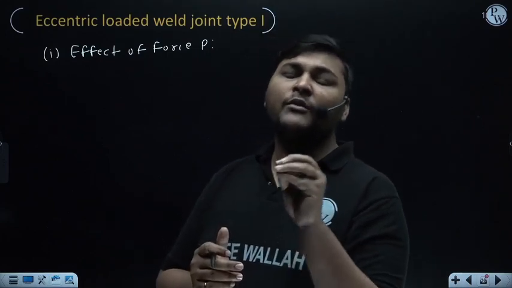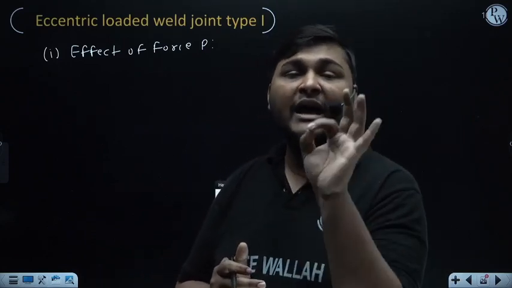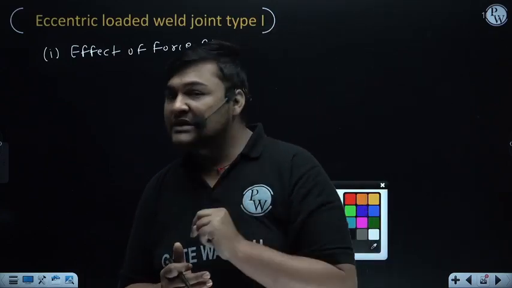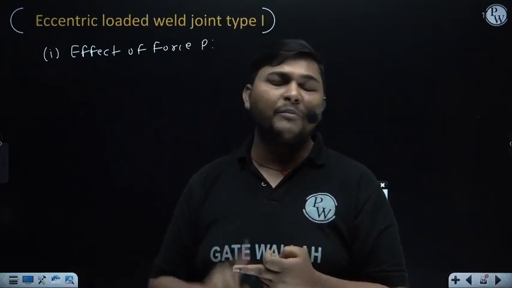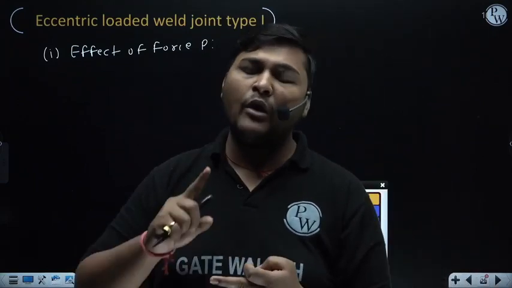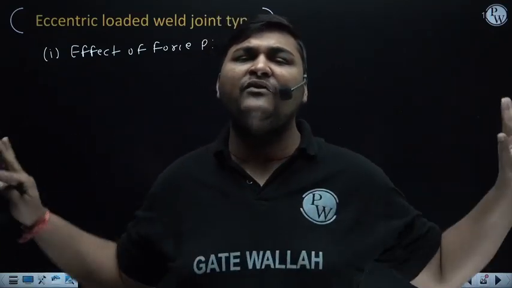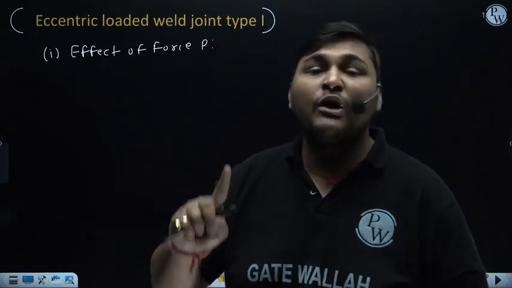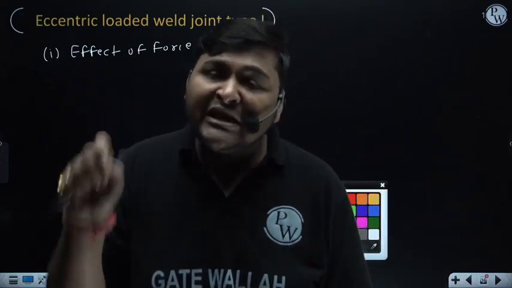So in the eccentric loading case, whether I am calculating primary or secondary stress, I will always calculate stress in the throat of the weld. This is one of the most important points. Second point, whenever you are calculating stress due to direct force, that is primary stress, whether the force is parallel to the weld length or perpendicular to the weld length, in eccentric loading we will always consider that primary shear stress is coming in the weld, which means we will neglect the effect of normal stress due to force P. And the formula to calculate primary shear stress will always be total force divided by total throat area, and this will be the same at each point of the throat.